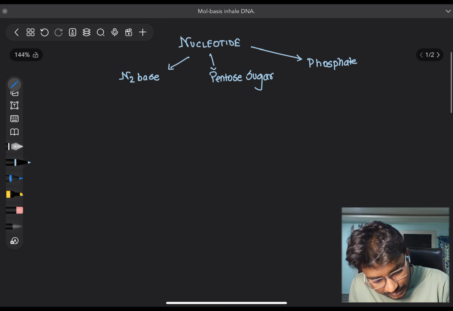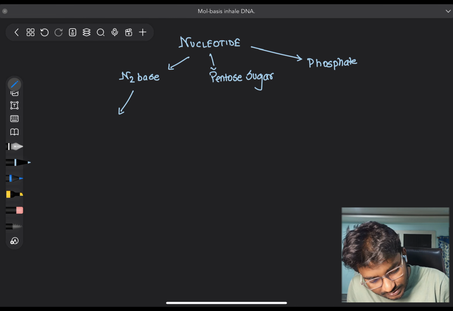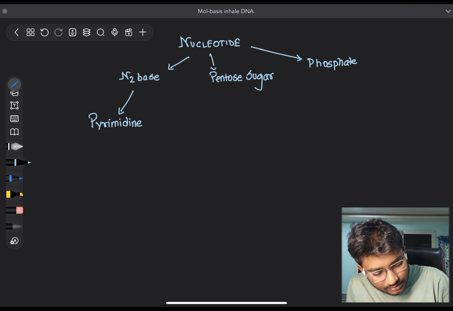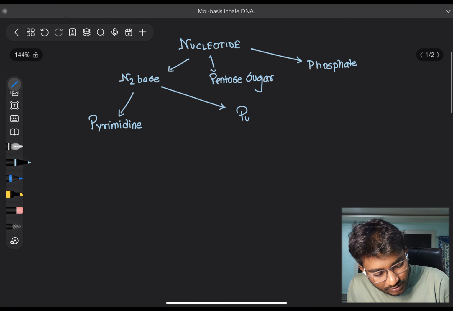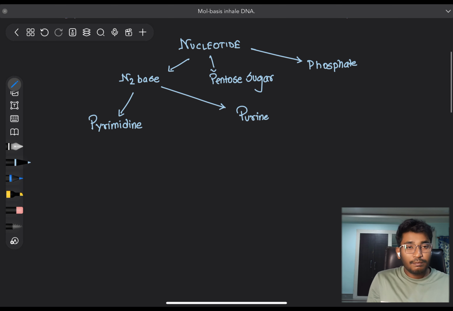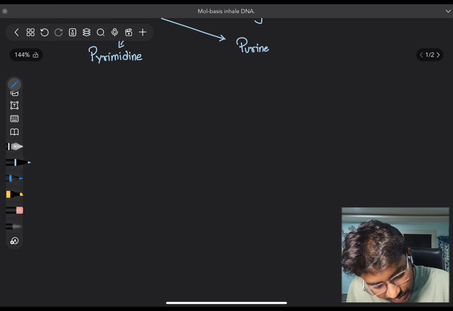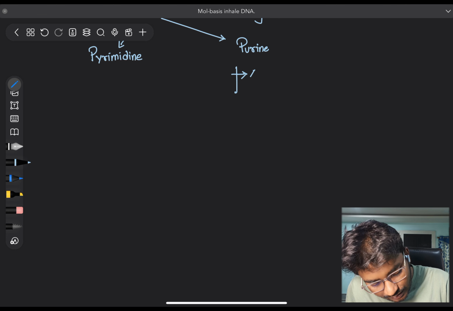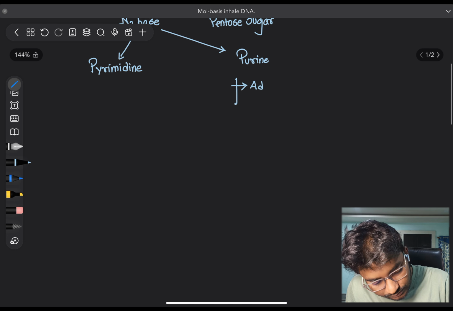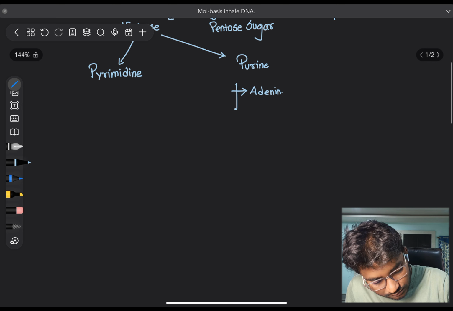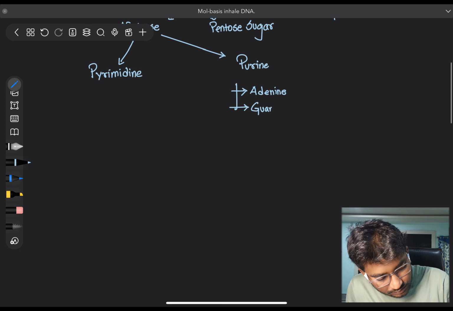The nitrogenous base contains 2 types: one is pyrimidine and another is purine. Purine is made up of adenine and guanine, found in DNA and RNA.